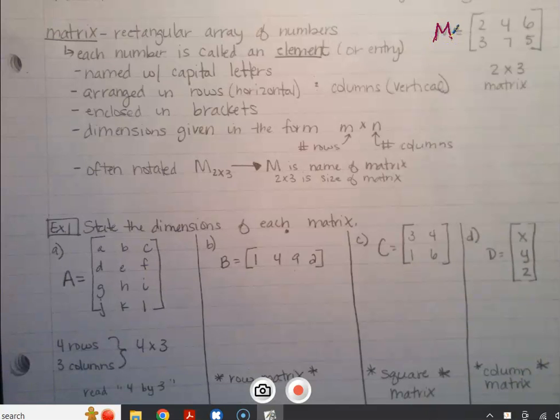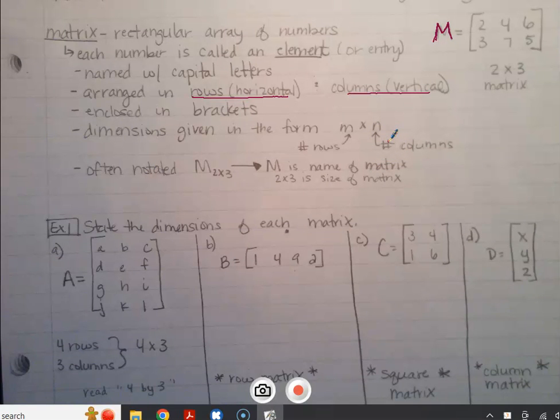It's arranged in rows, which are horizontal, and columns. And that's how we talk about its dimensions as well, which is down here. Okay, the dimensions are given in the form of M, the number of rows, and N, the number of columns. I have no idea why it's M and N instead of R and C, but that's the way it is.